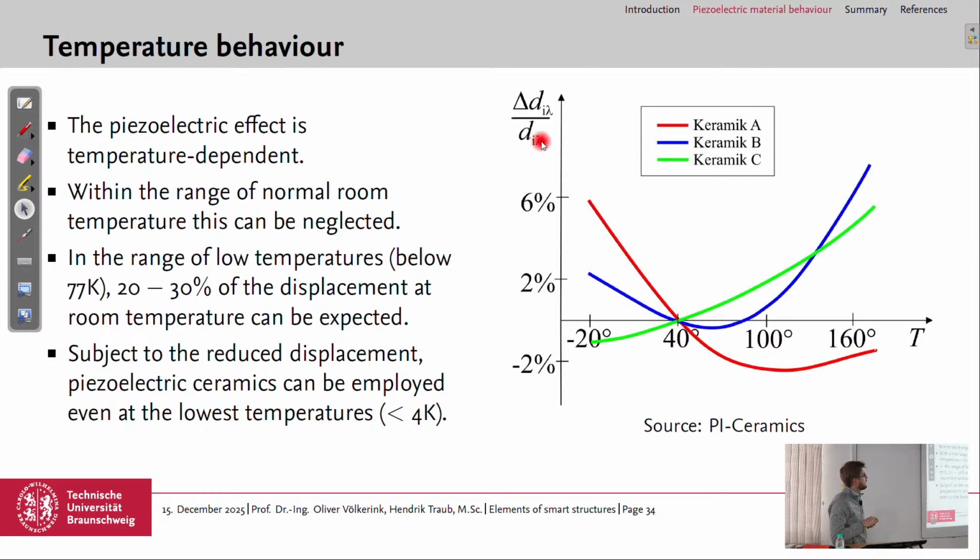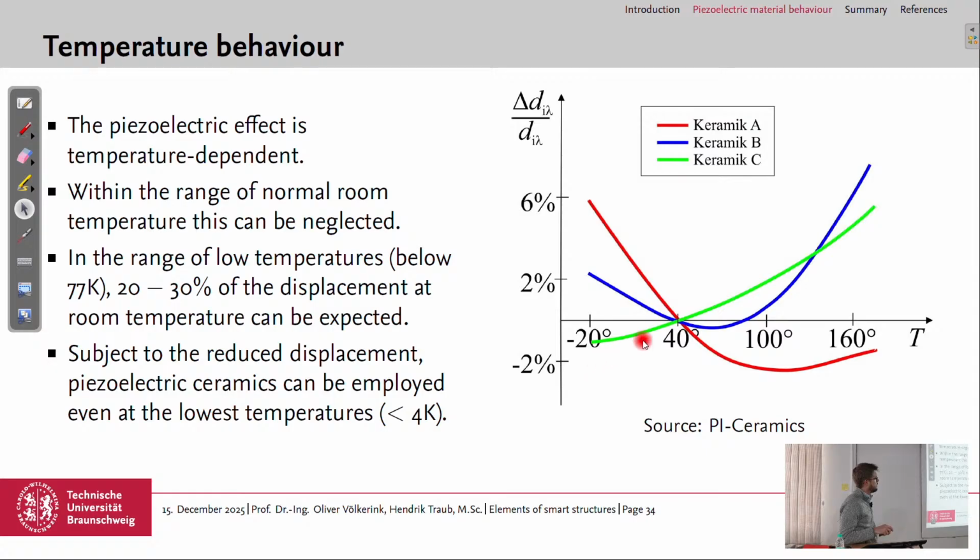And we look at the difference in the dielectric constant. So how does the dielectric constant change, normalized with the dielectric constant at room temperature, or at 40 degrees in this case, over temperature? We can see that the behavior is temperature dependent, but the variations are not that much.